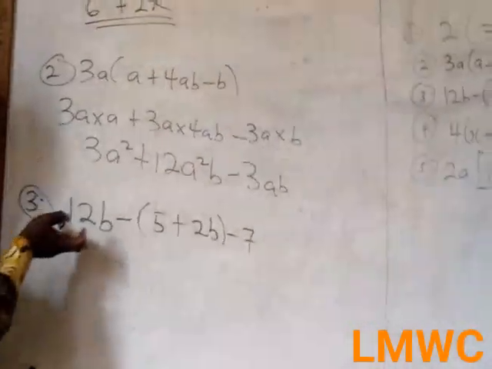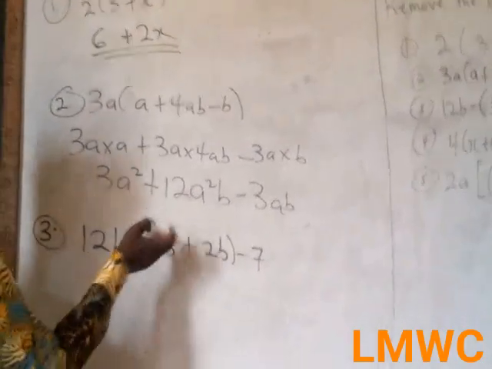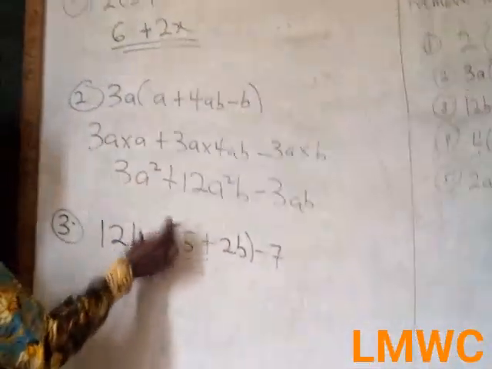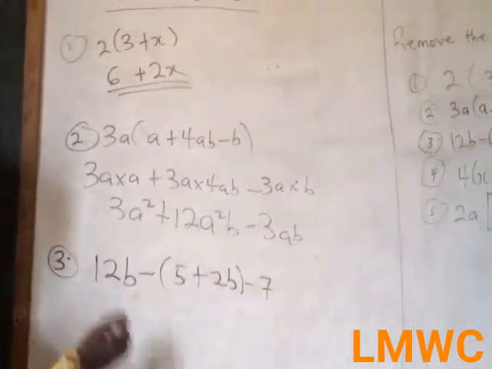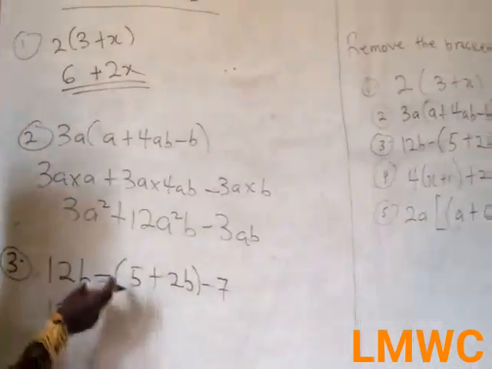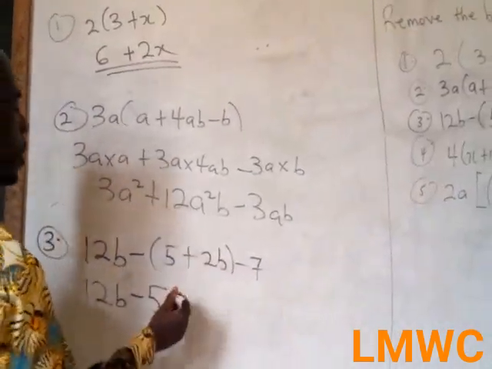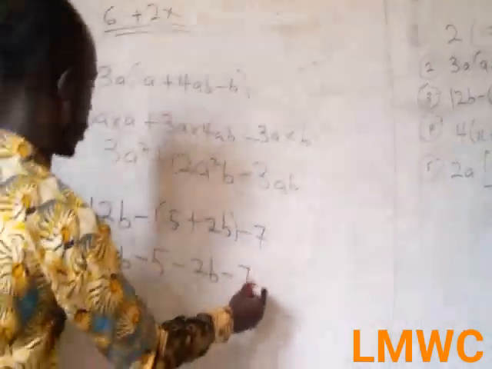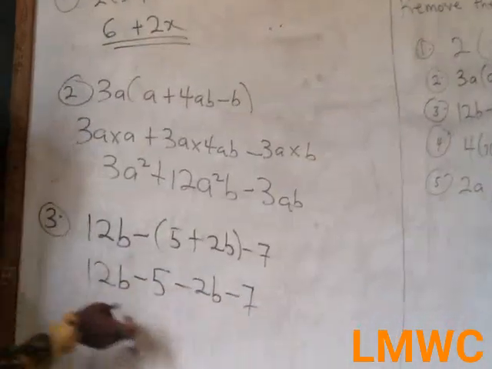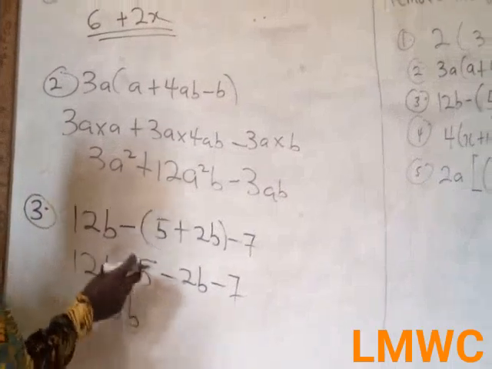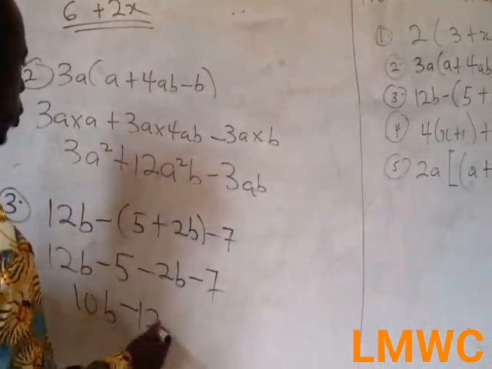Question 3: 12b minus bracket 5 plus 2b bracket close minus 7. There is a 1 here, but we don't write it. So 12b, negative times 5 is negative 5, negative times 2b is negative 2b, minus 7. So you can subtract. This minus this is 10b. This minus this is negative 12.